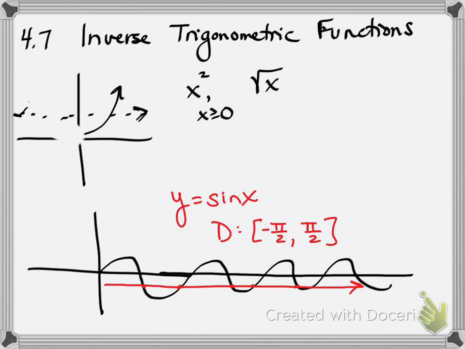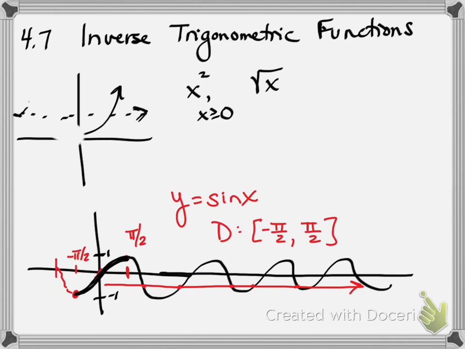So if I just back up and I look at negative pi over 2, it's here, and positive pi over 2 is here. If we just restrict the domain between here and here, you get every y value. You have all the way from the lowest point, which is negative 1, all the way up to the highest point, which is 1.